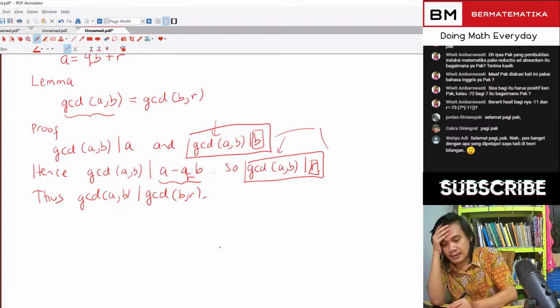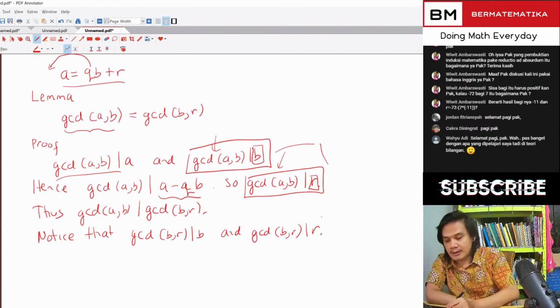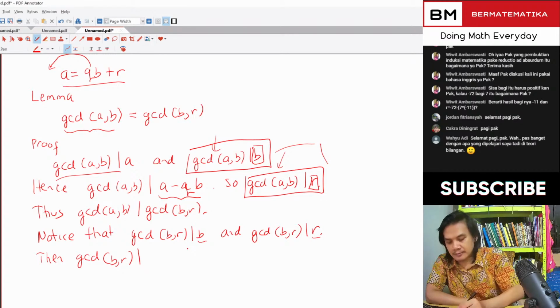Notice that GCD of B and R divides B, and GCD of B and R divides R. And we use this relationship that A is equal to QB plus R. Because it divides B and R, it divides QB plus R. Then GCD of B, R divides A. But we also know that GCD of B, R divides B.